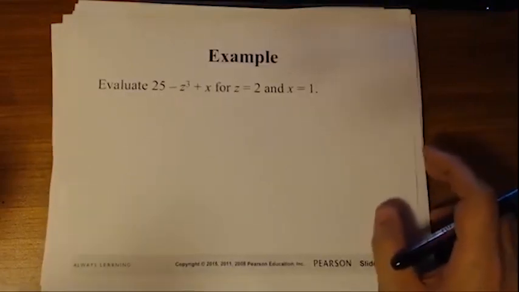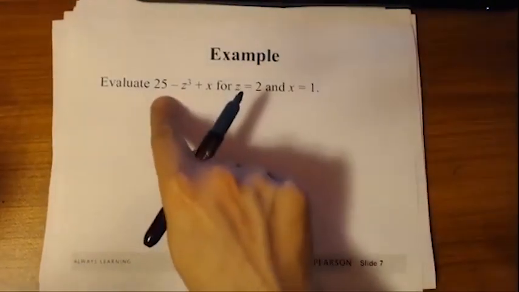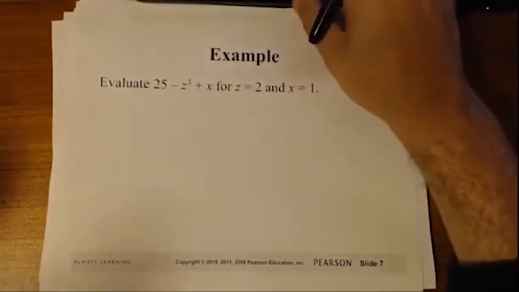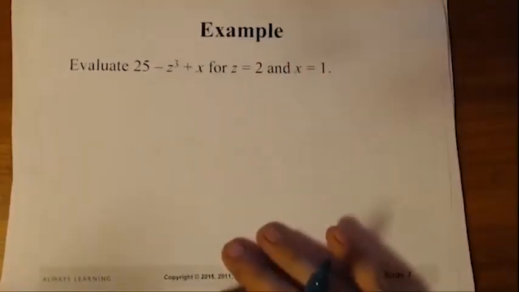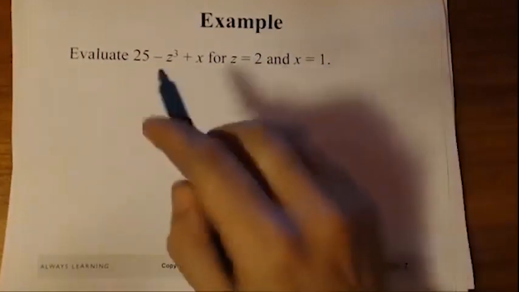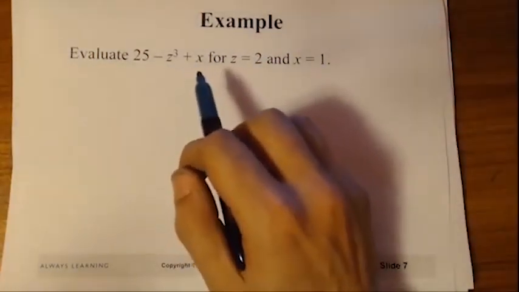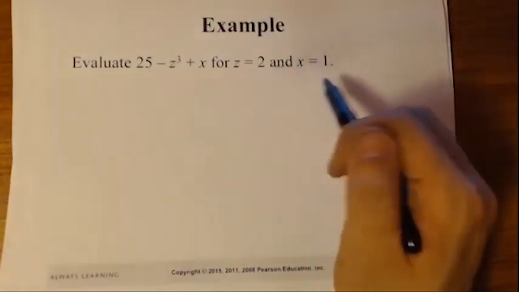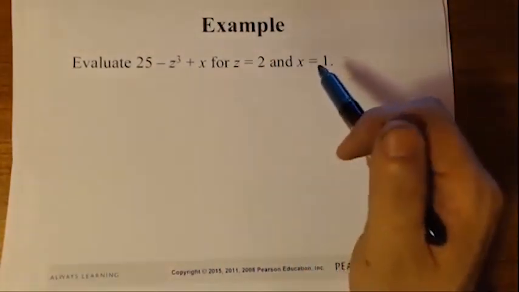Let's go again. We have 25 minus z cubed plus x for z equals 2 and x equals 1.